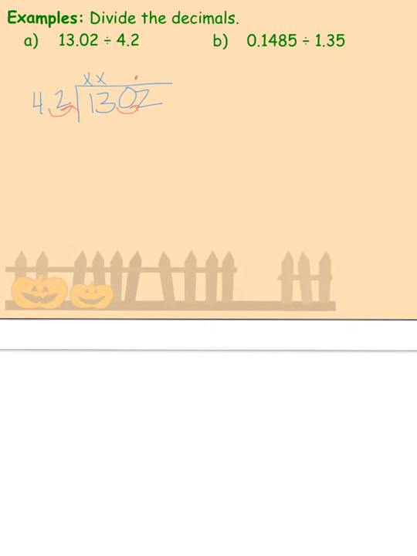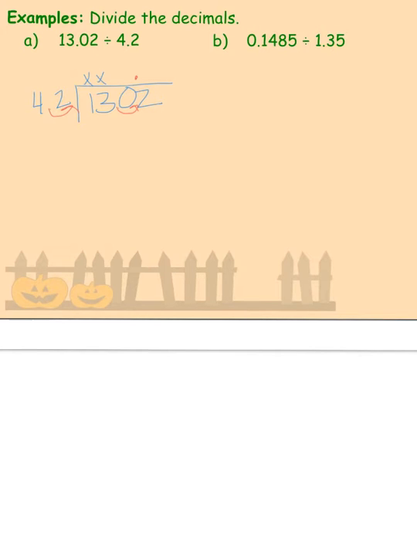Now we want to know, does 42 go into 130? 130 is for sure bigger than 42, so it goes in there. Now it's a guess and check of how many times 42 goes into 130.